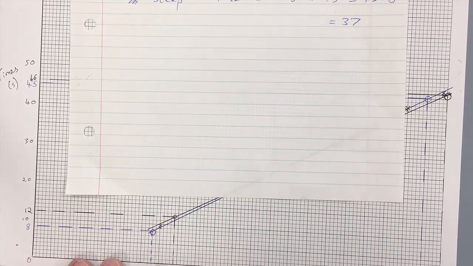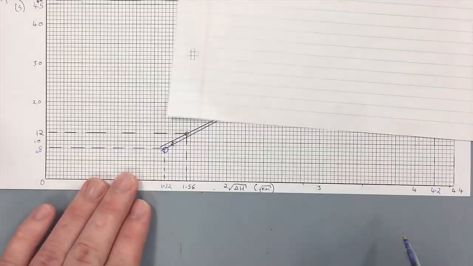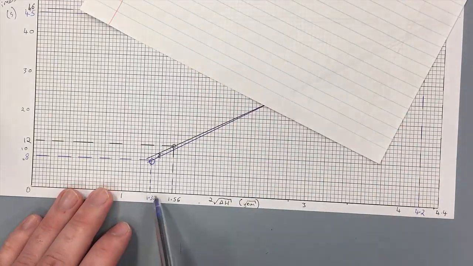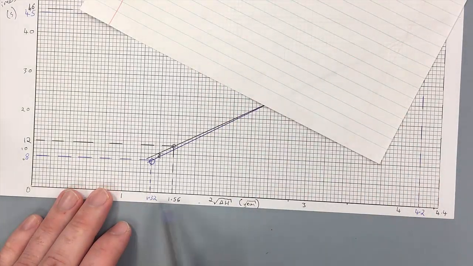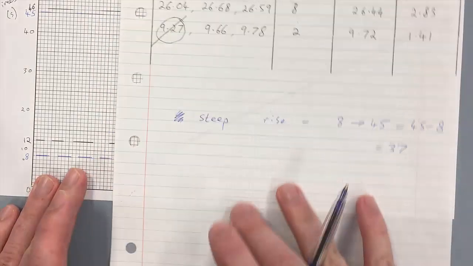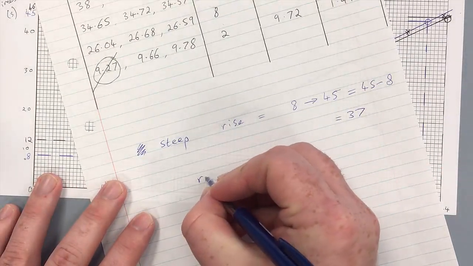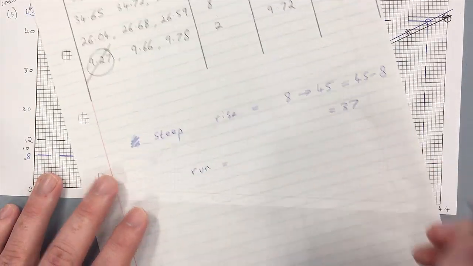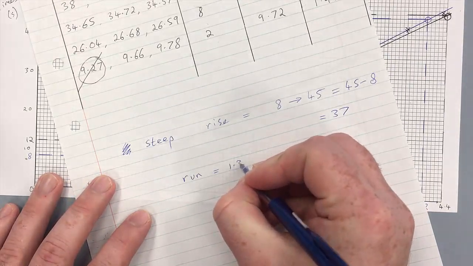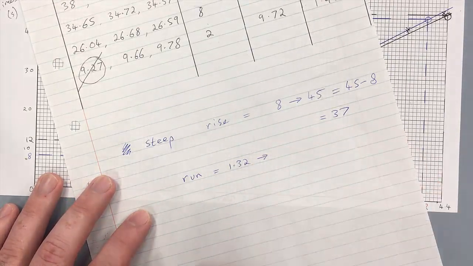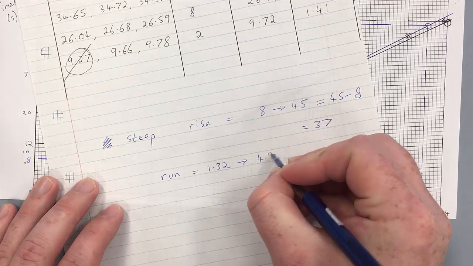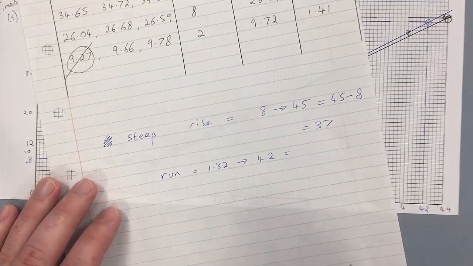For our run for the blue line, we're going from 1.32 to 4.2. So you can see that on the scale here. We've got 1.32 to 4.2, and so our run is 1.32 to 4.2. All right, and what does that equal?